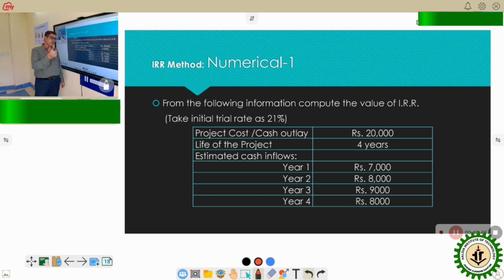If you find it is still positive, you increase the rate by 2%, and then check if it is still positive. After increasing the rate, if you find that the NPV is negative, that rate should be considered as the higher trial rate. So the rate of interest has an inverse relationship with the NPV.